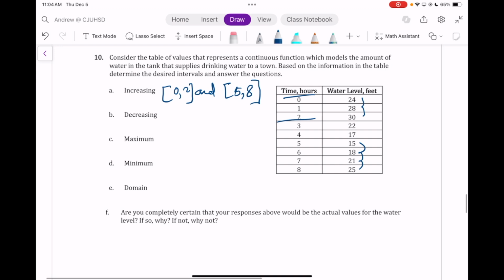Oh, that actually will go, okay, now decrease would go from 30 down to 18. 18, because 15 increases to 18. So 30 to, let's see, on the x-axis, that would be from 2 until I get down to 5.